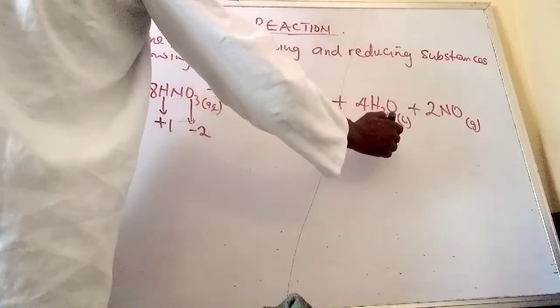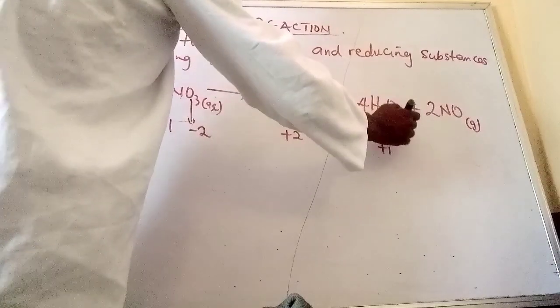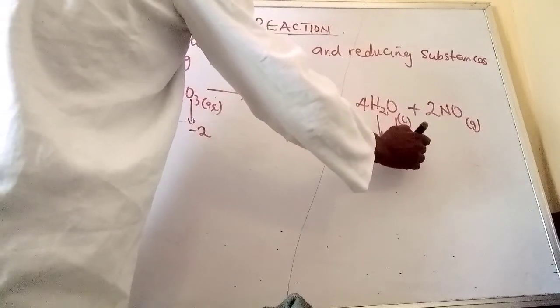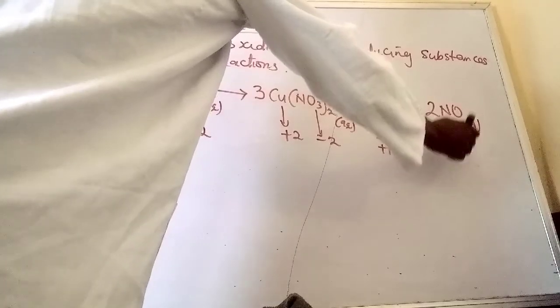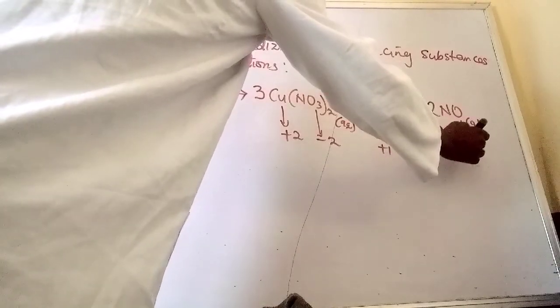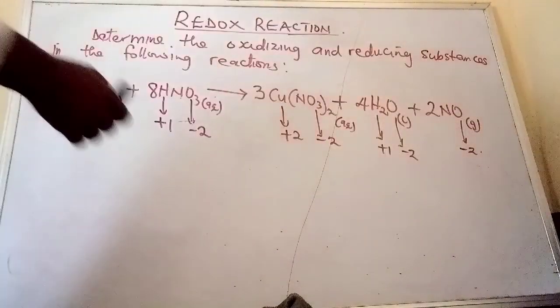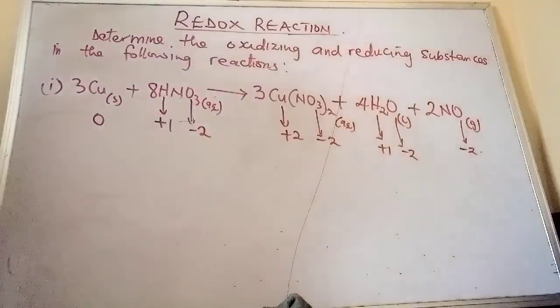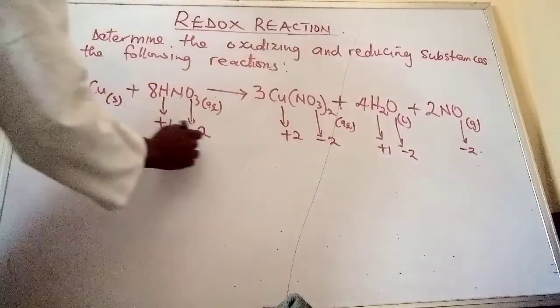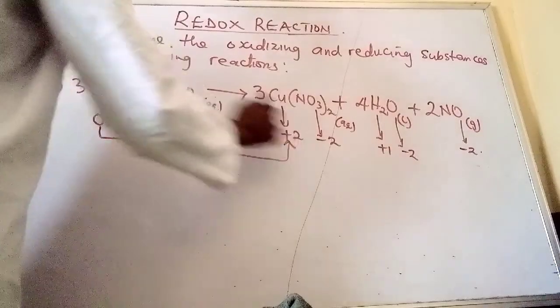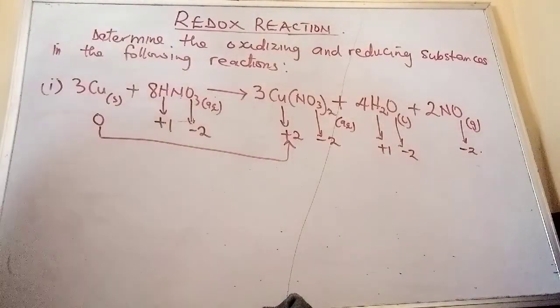Hydrogen is +1, oxygen -2. Nitrogen, don't really bother about that. All right, now it is obvious that copper has increased its number from 0 to +2.